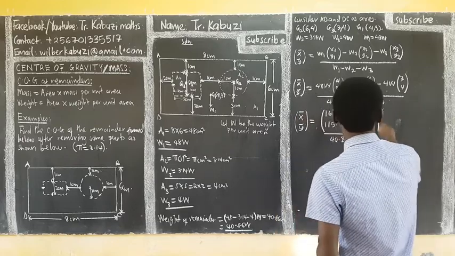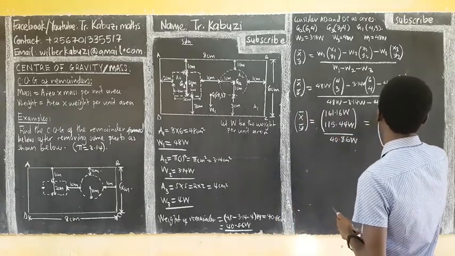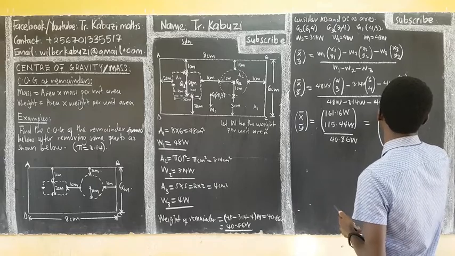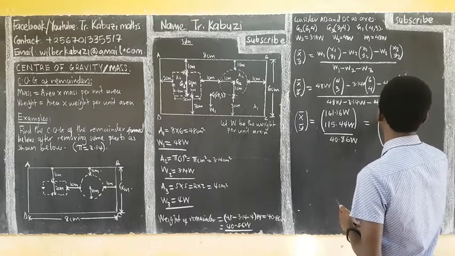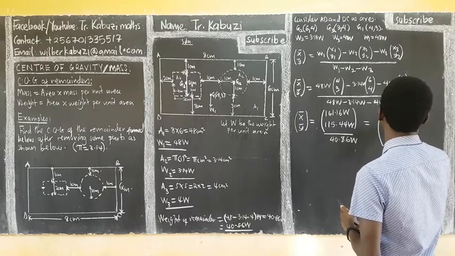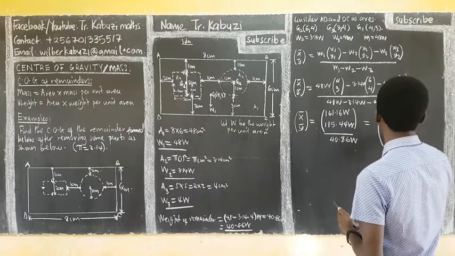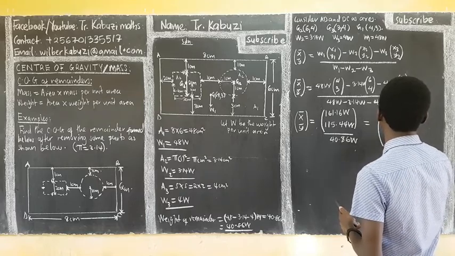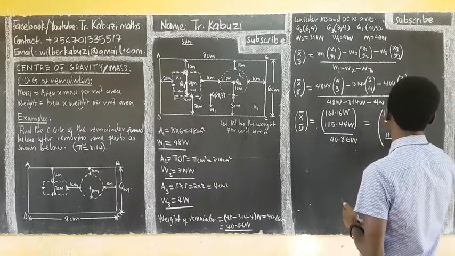Then when we separate, we get 161.16 W divided by 40.86 W. Then this one we get 115.44 W, the whole over 40.86 W.